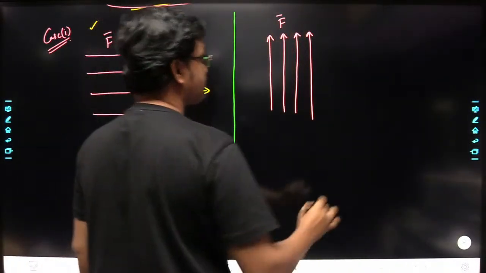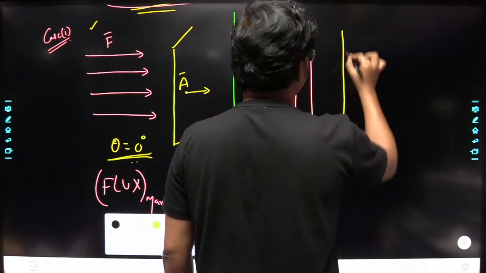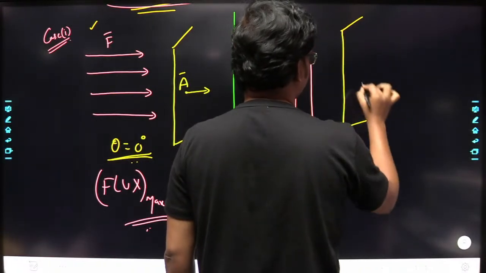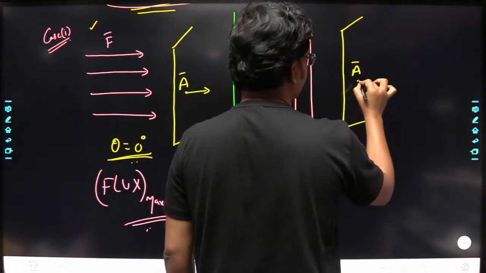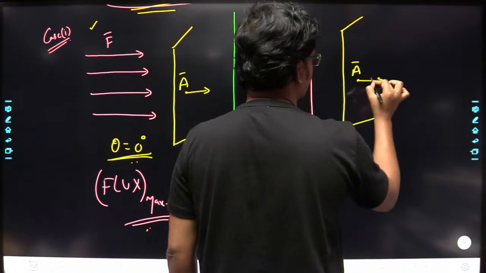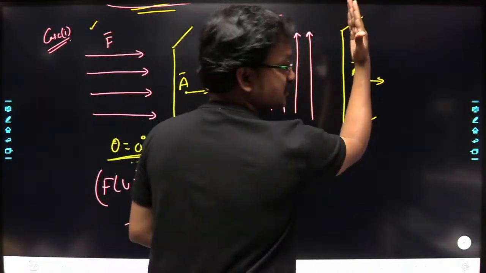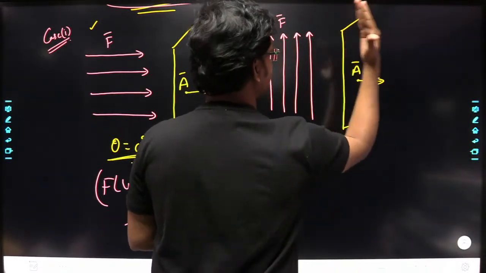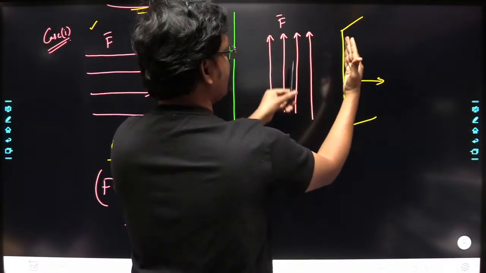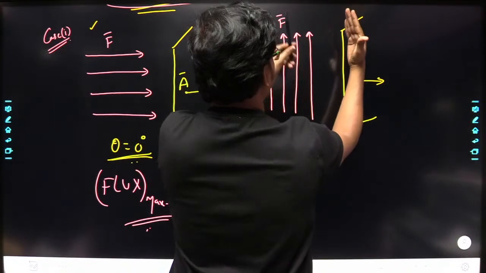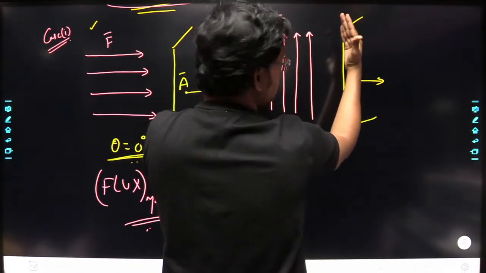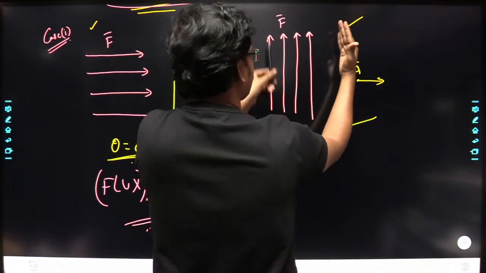Now the surface area is placed in this manner. So this is a bar. The direction of the surface is given by a unit normal drawn to the surface. Now here the surface area is placed like this, and f bar is parallel to the plane of the surface. Yes or no?